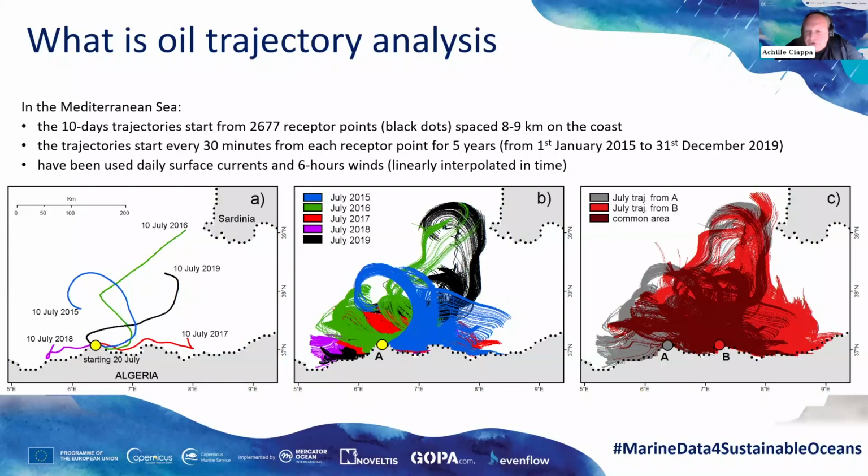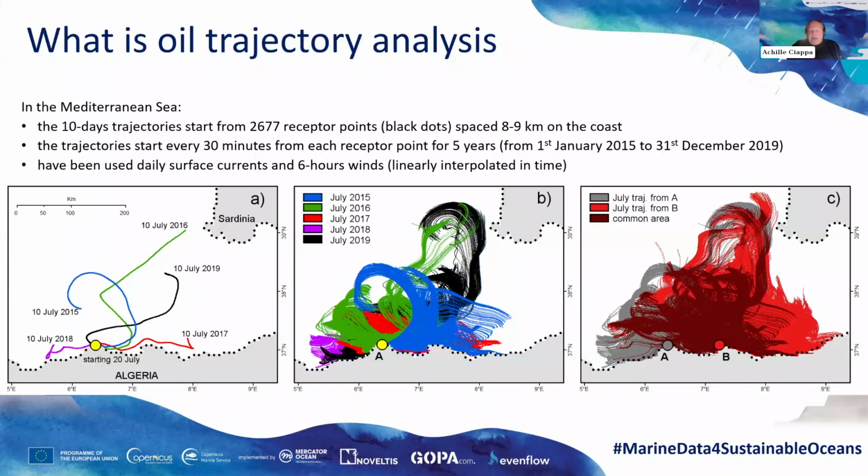And in figure C, you can see the trajectories starting from point A and point B. The common area is plotted in dark red.